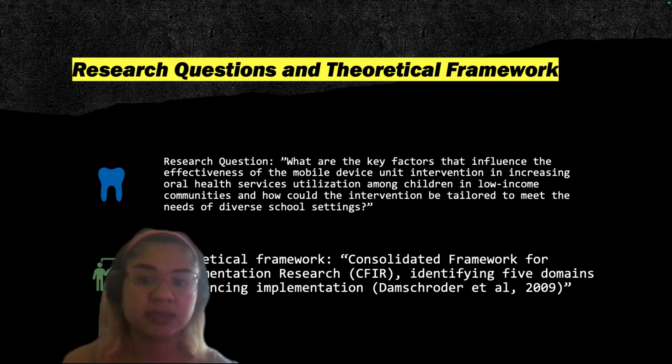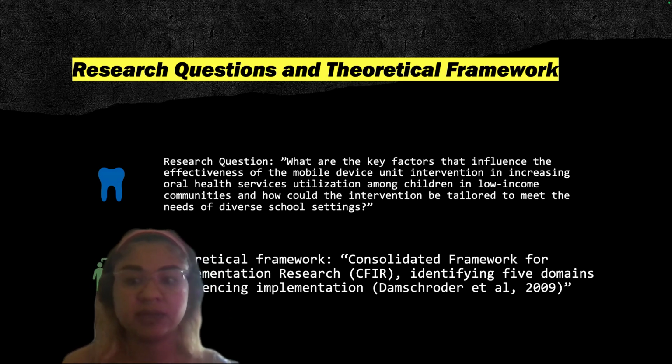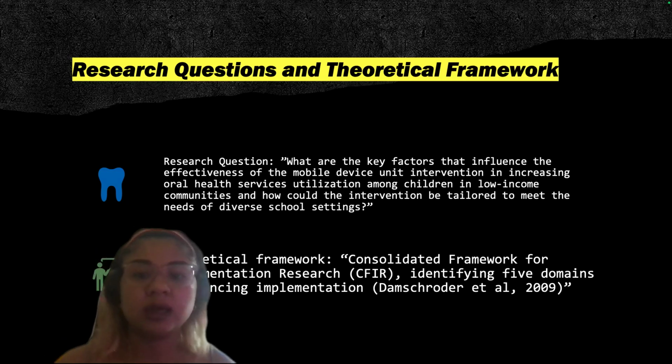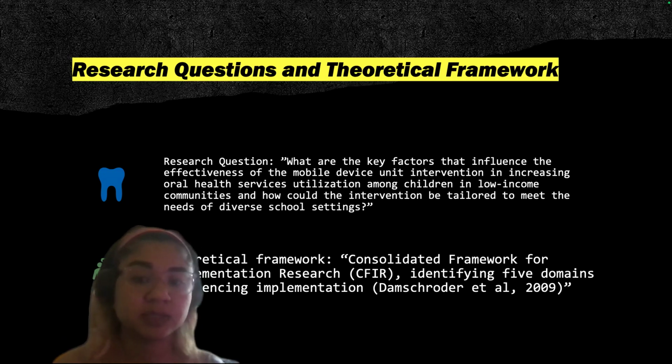Two, outer setting, examining the external factors that may be influencing the intervention's effectiveness, which could be something socioeconomic if they don't have enough financial resources, the availability of dental services in the area, and any cultural barriers that may stop them from receiving oral health care.